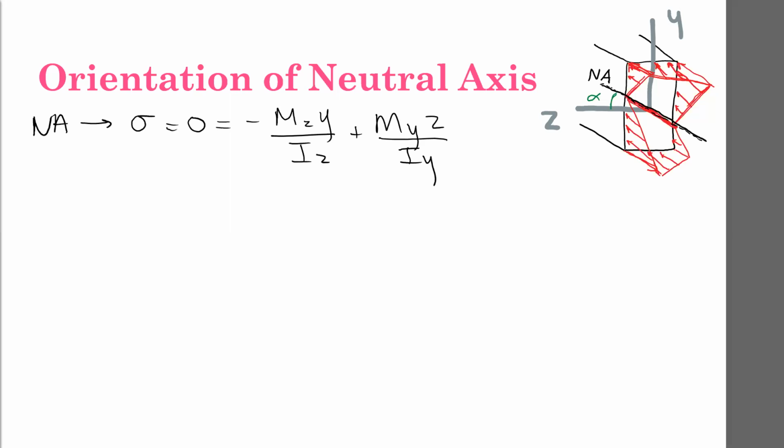I can rearrange those terms and I'm going to pull my y over z on one side of the equation, and that's equal to my Iz over Mz Iy.